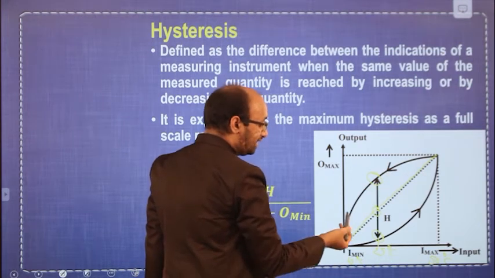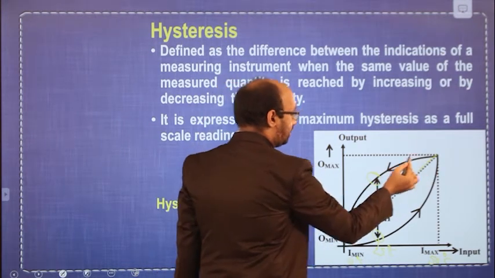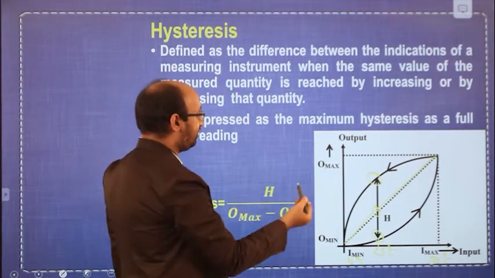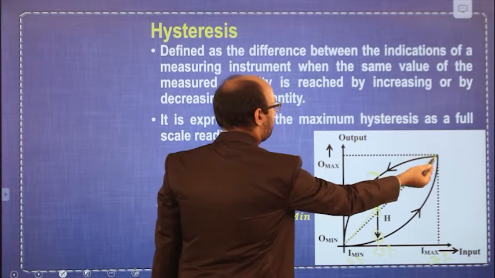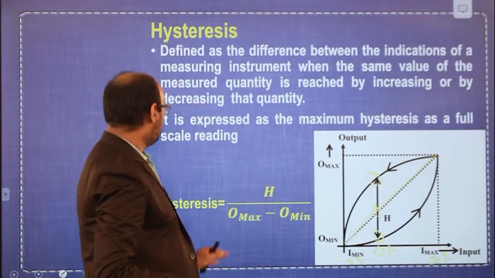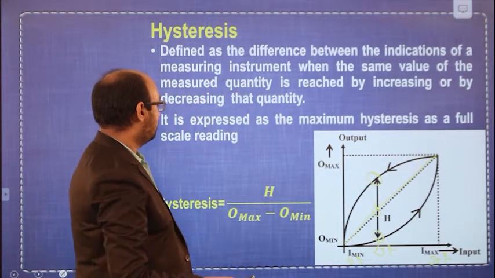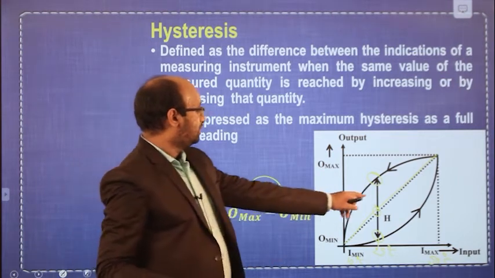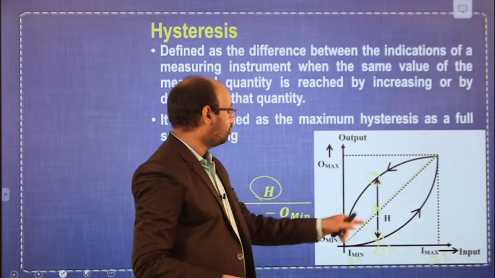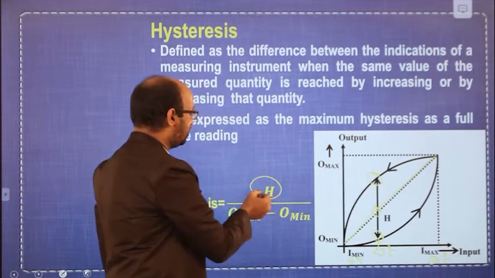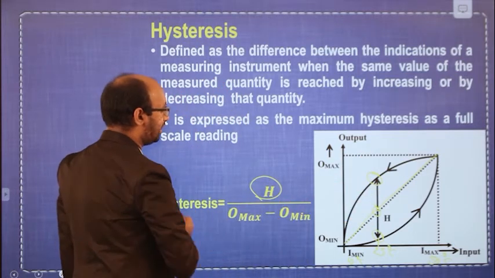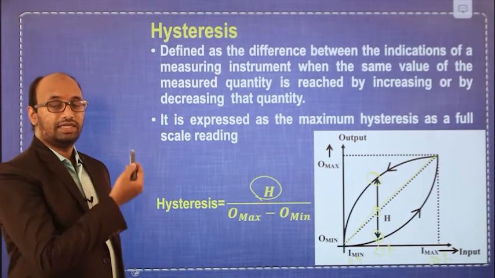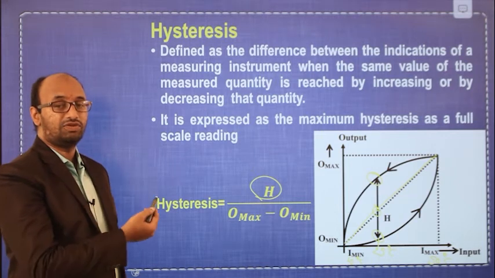But due to hysteresis error, it is showing different output paths. Means output is different while loading the instrument and while unloading the instrument. So this hysteresis is specified as maximum deviation by output span. This hysteresis H is the difference between these two outputs, H by output span. Using this we can specify the hysteresis of an instrument, and this hysteresis is an undesirable static characteristic.